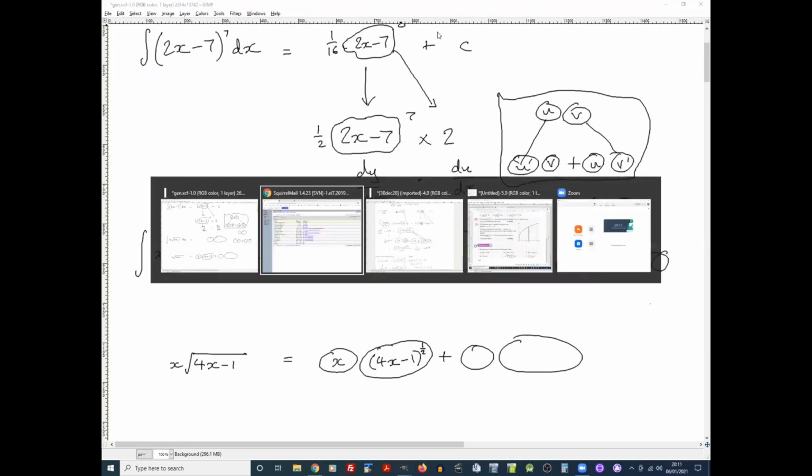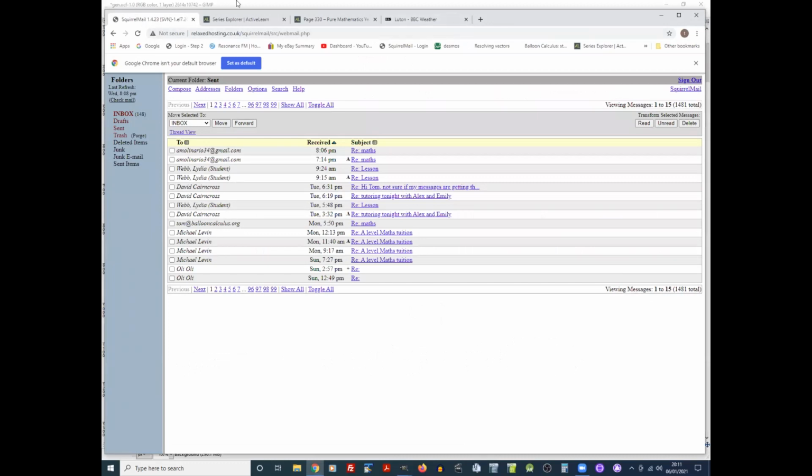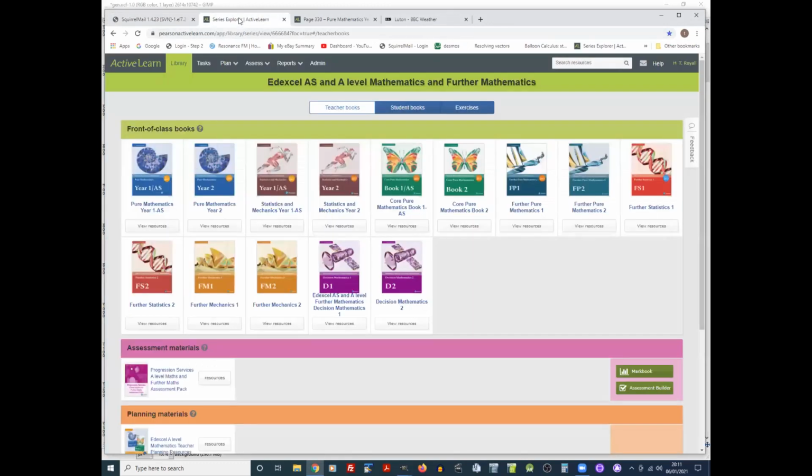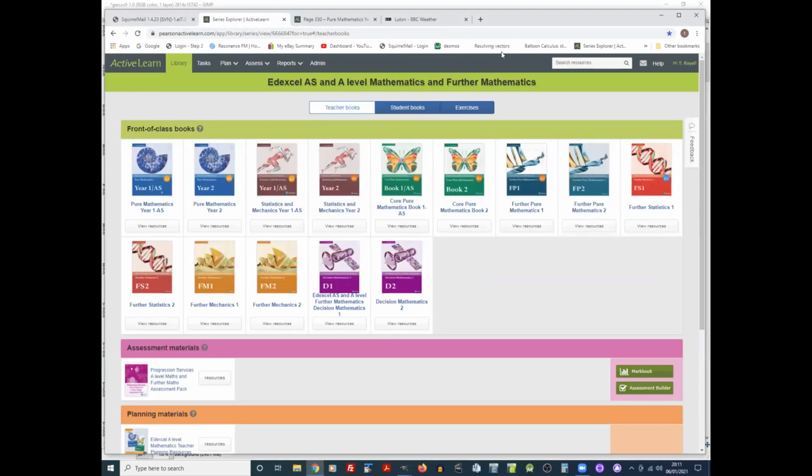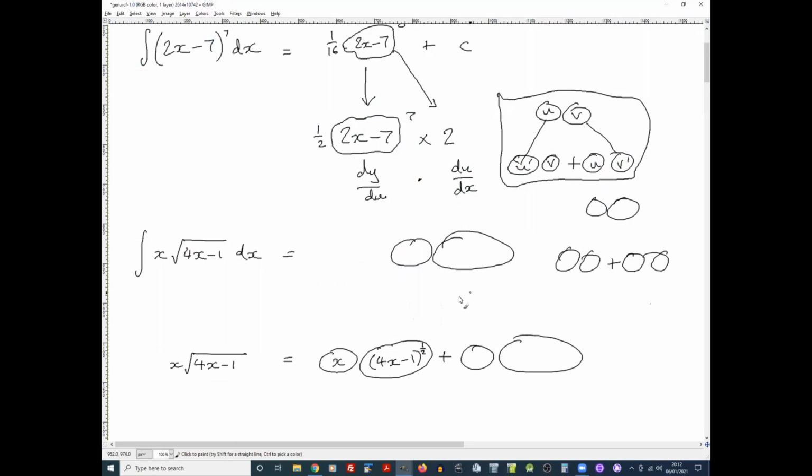Maybe you should restart the sharing of the screen and see what difference that makes. I'm seeing the textbook page, and the only reason I responded when you said the product rule is because the mouse coincidentally ended up near the cos x plus sin x. I've never known that happen before. Can you see it now? Yes, I can see it.